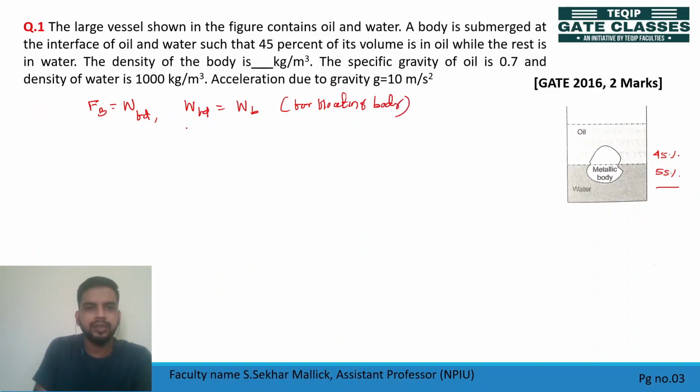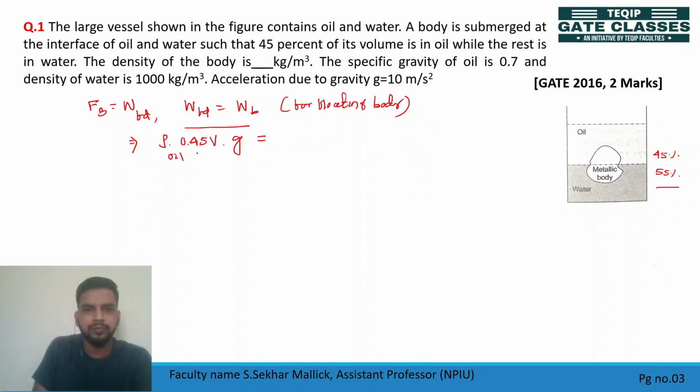Fine. So if I take this for a floating body, what is the weight of fluid displaced in oil and water? So how much is that? Rho, then volume of the body, how much? 45%, 0.45 of volume in oil. Then rho V g. Mass weight हो गया. This is rho of what?